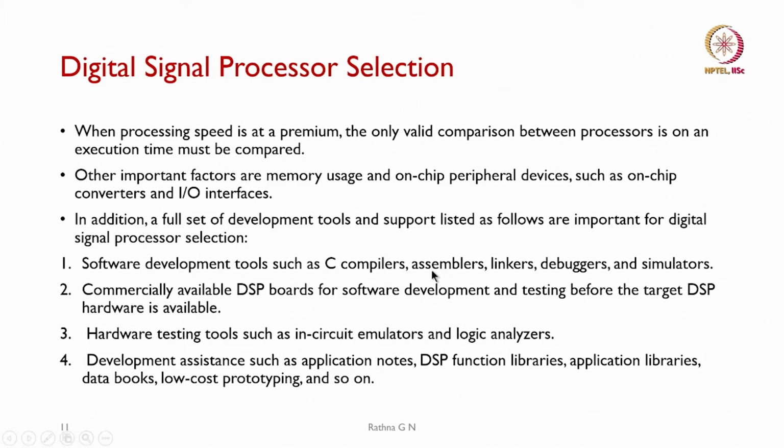The next one is assemblers, because for all DSP processors, assembler is almost equivalent to machine coding. So, usually we do C to assembly conversion, or one can write the program in assembly language itself.